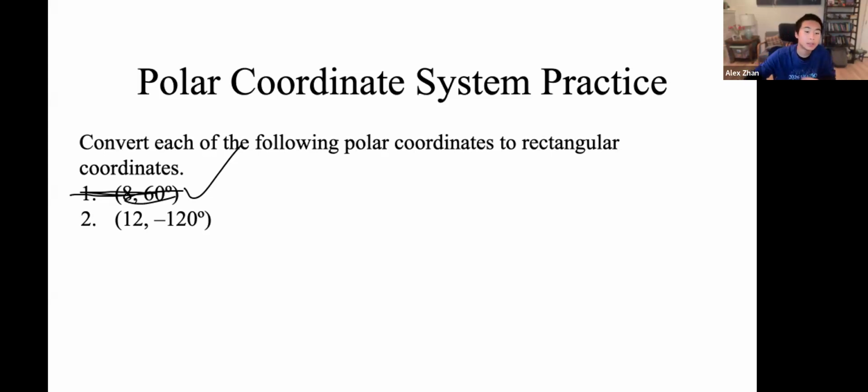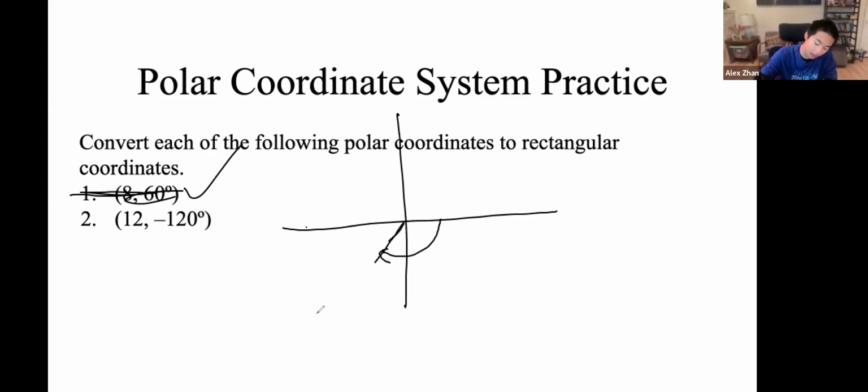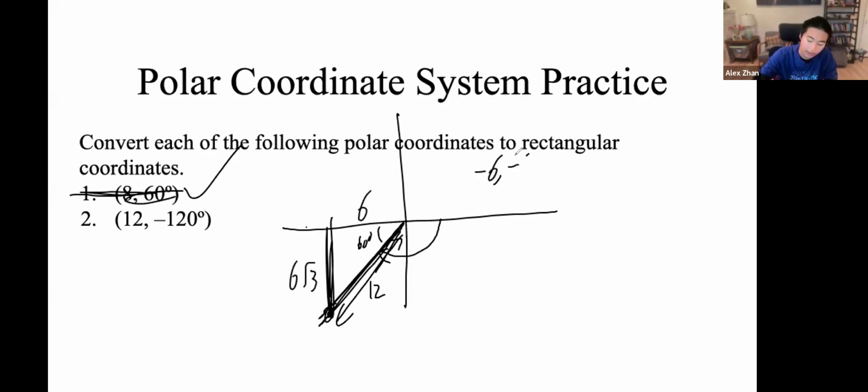Number 2 is negative 6, negative 6 root 3, looks right. Yes. Okay, yeah, that is right. Negative 6 root 3. So think about it this way. You go around negative 120 degrees, so then you're right here, right? And this is length 12. One quick way of thinking of this is, you see this has to be 6 root 3 and that has to be 6. So your coordinates are negative 6 root 3. But either way, this is the right answer.